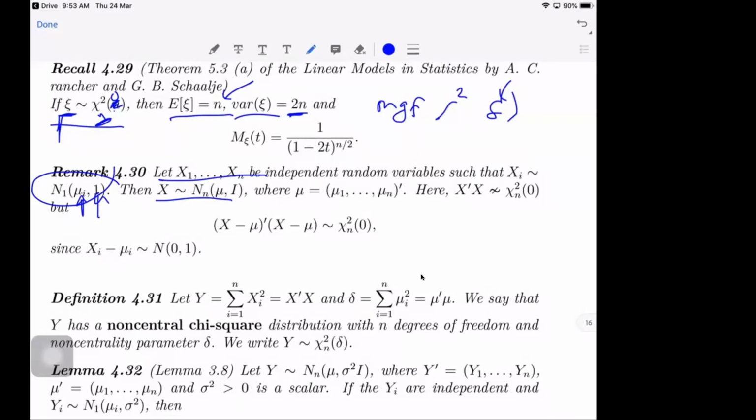Then your vector x1, x2, xn will become normal distributed. It's still normal distributed with mean equal to mu, but your mu here ang forma ana kay mga mu i's man na. Your mu here is actually mu1, mu2 to mu n, no? Okay, each of them will have mu1, mu i's.